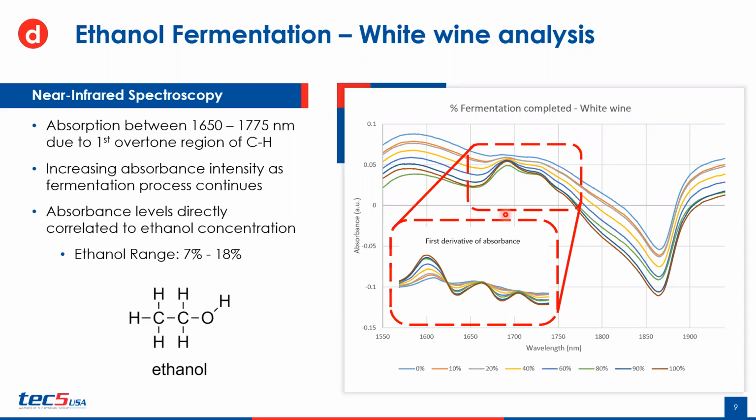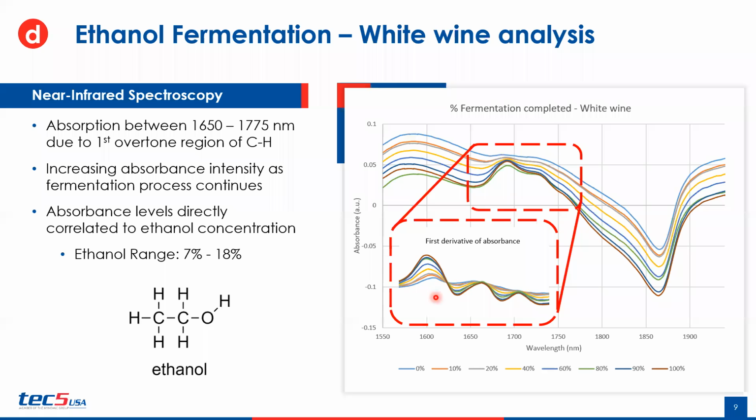Looking at this region, you can take a quick snapshot and look at a first derivative of this absorbance spectra. What the first derivative does is allow you to look at the trends in the data and ultimately correct for any baseline levels.